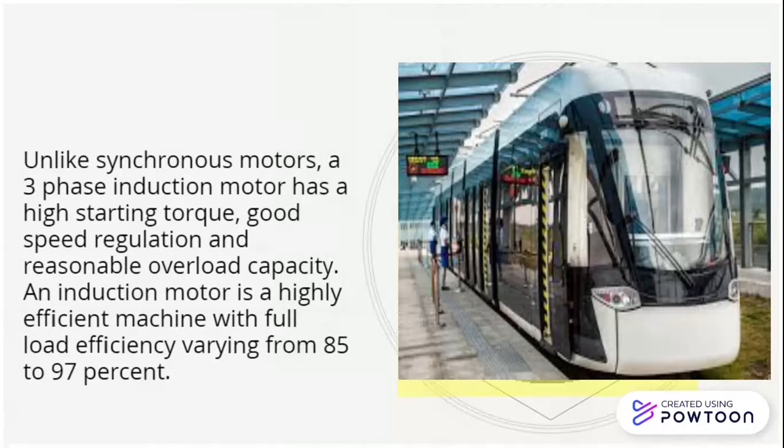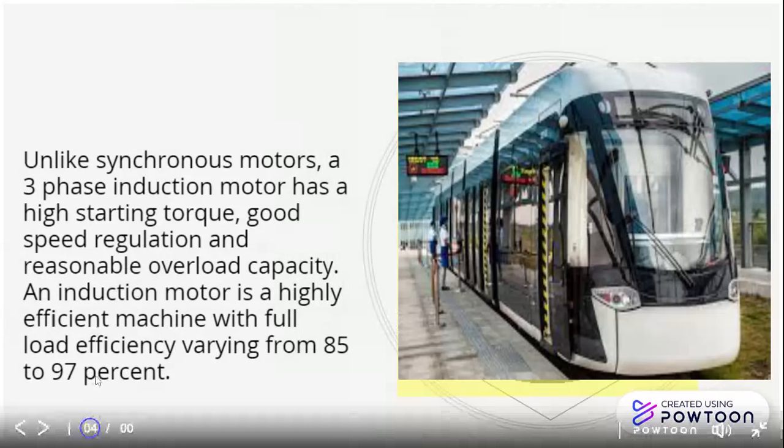An induction motor is highly efficient, with full load efficiency varying from 85 to 97 percent. Some of the applications of induction motors are lifts, cranes, hoists. The main reason is their load carrying capacity. They are also used in trams and trains in other countries, etc.